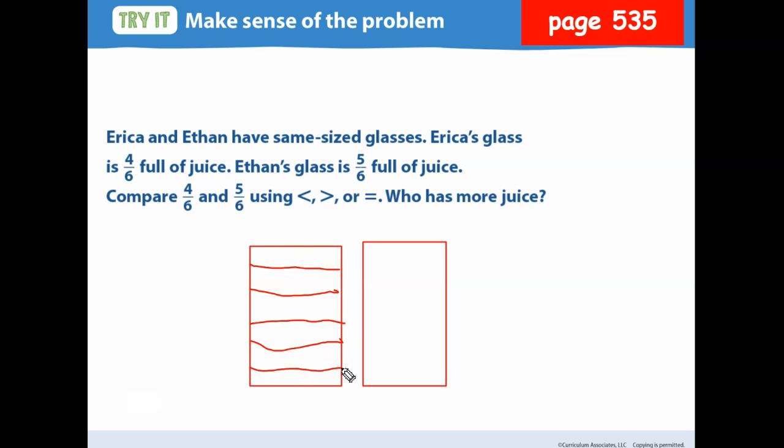So these are 4/6, right? 4/6. So roughly about right here. Okay, Ethan's glass is 5/6 full.